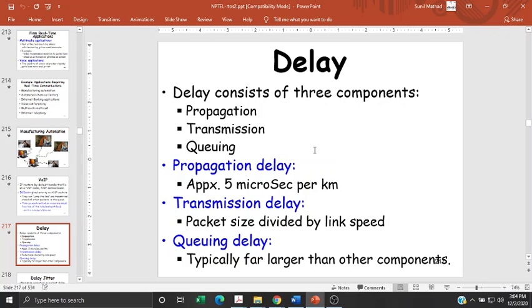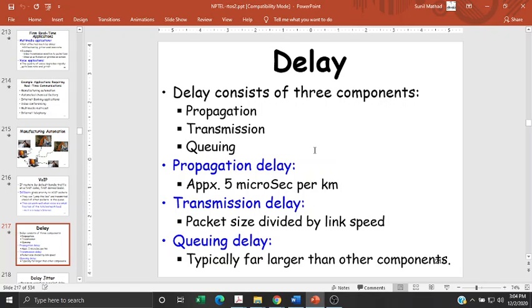Transmission delay is packet size divided by the link speed. Then you are stating the bandwidth, so how much speed you are reaching the other end with. So that is our transmission delay: packet size divided by how much time each bit actually takes to reach the other end. Queuing delays normally happen at the network nodes, maybe buffers or switches, hubs or gateways, which may have some buffers because there will be data rate mismatches between the connections.